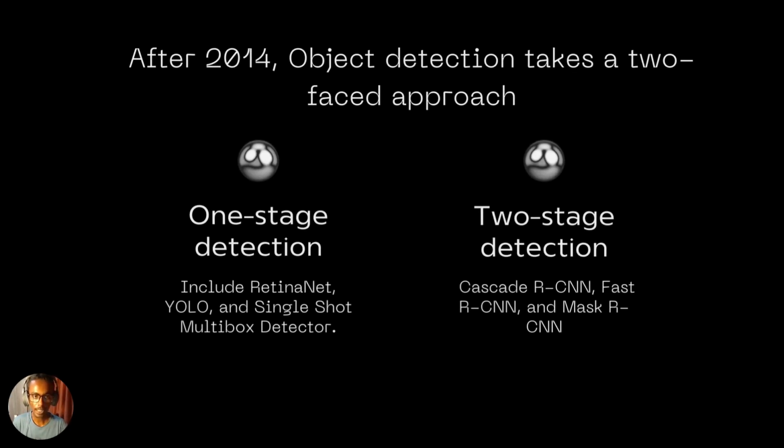The first one is one-stage detection, which includes today's topic, YOLO, and other single-stage detectors such as RetinaNet and the single-shot multibox detector. And the second one is two-stage detection, which contains all of the RCNN family, and we will look at them briefly.